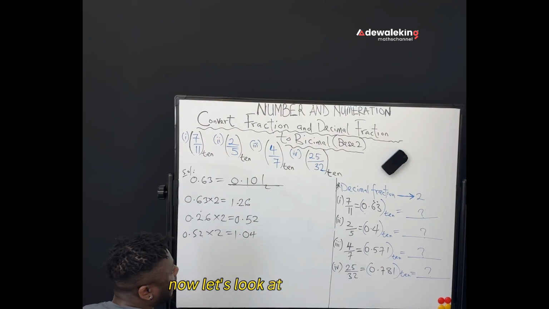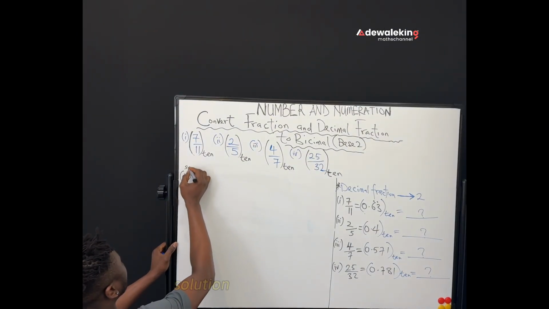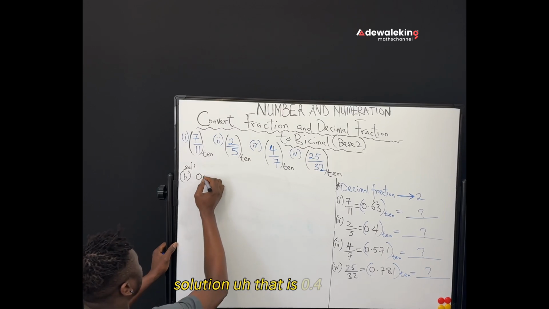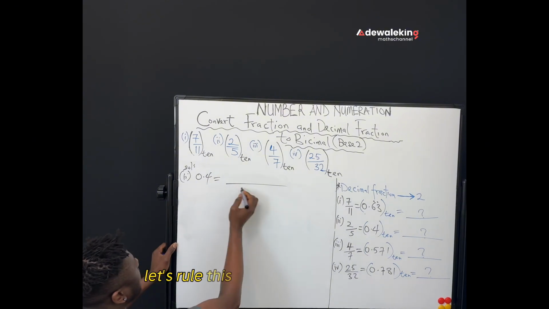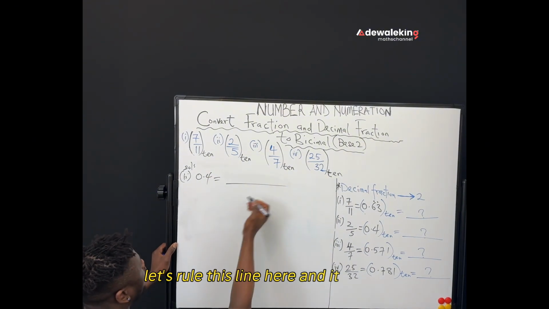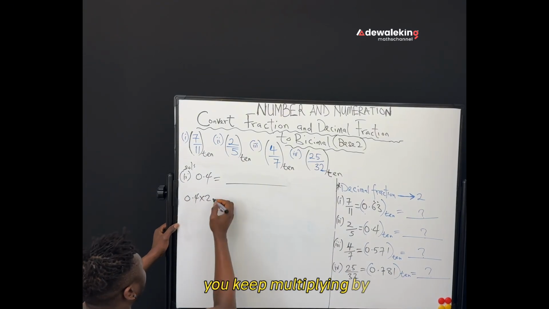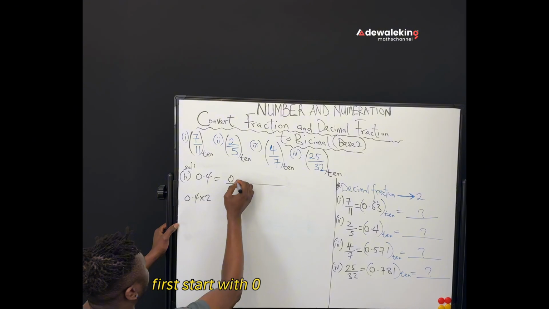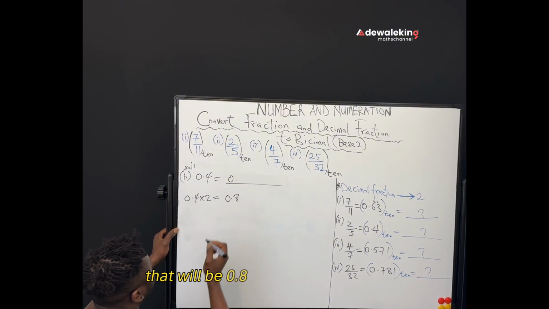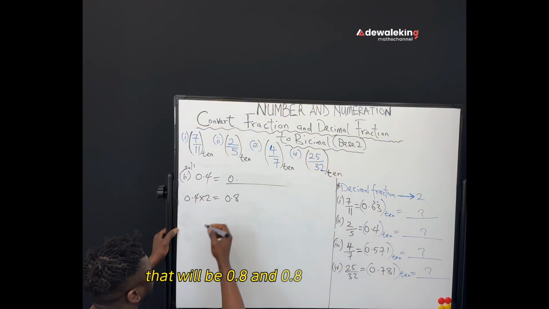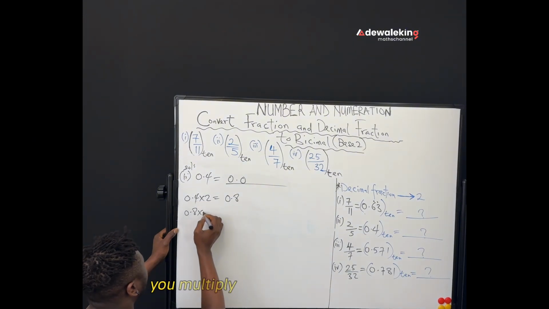Now let's look at the second part. The solution is 0.4, and it will be in base 2. So you say 0.4 times 2, and you keep multiplying by 2. First start with 0 point. 2 times 4 will be 0.8, and that gives 0. So you take this again and multiply by 2.